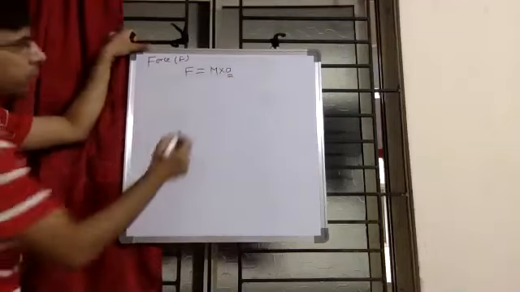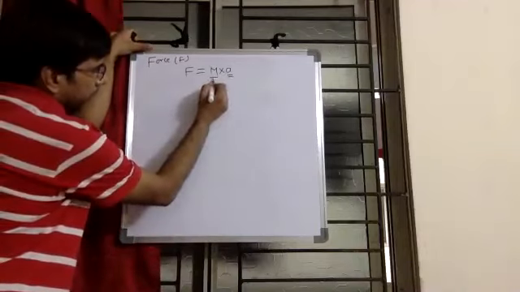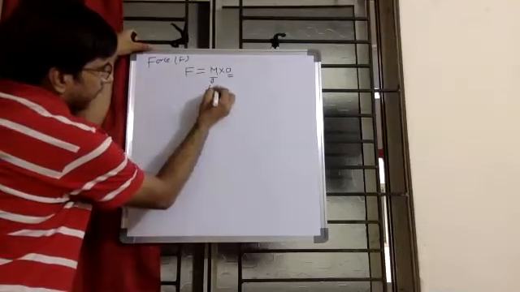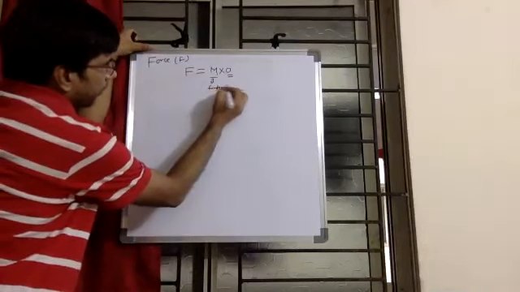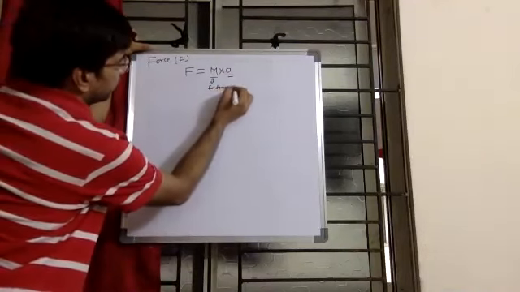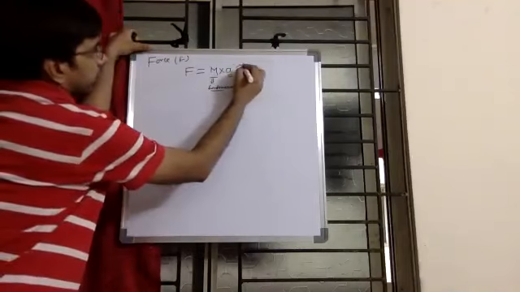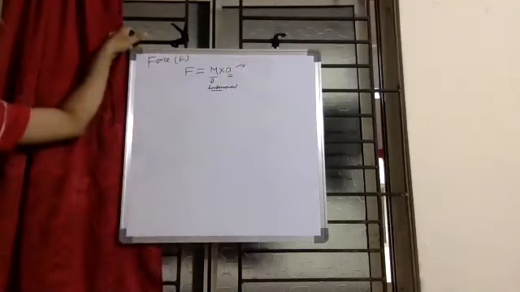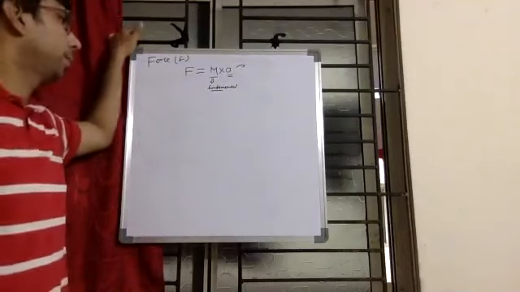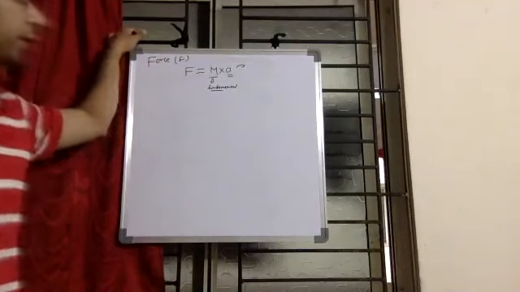So we know that mass is a fundamental quantity, or you can say a primary one. Okay, but acceleration we don't know. We don't have any primary or fundamental dimension to represent acceleration.